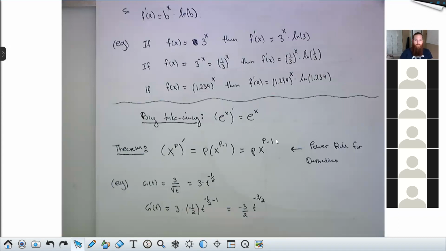Okay, so this power rule, I want to prove this to you, at least in the case where n is an integer. The proof, though, is going to require use of the binomial theorem, and I don't want to scare you too much.